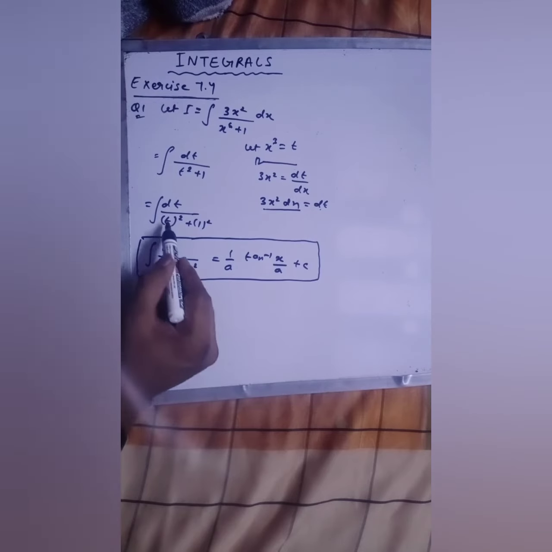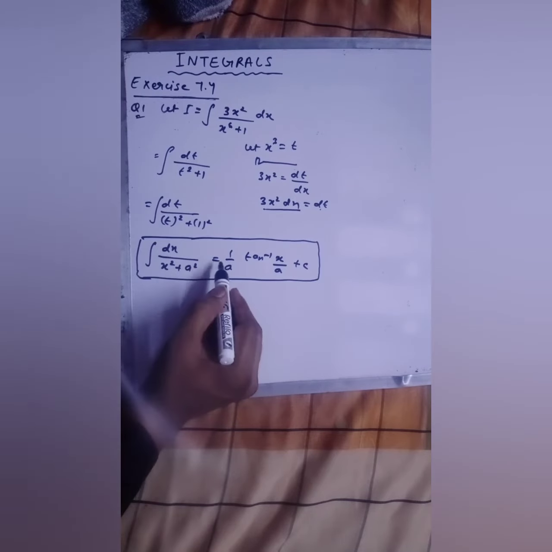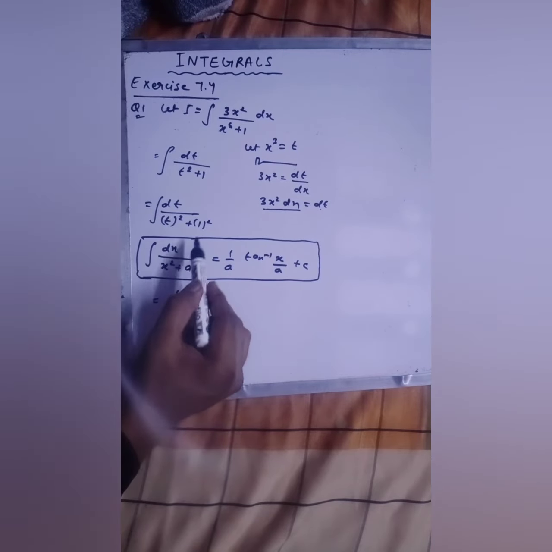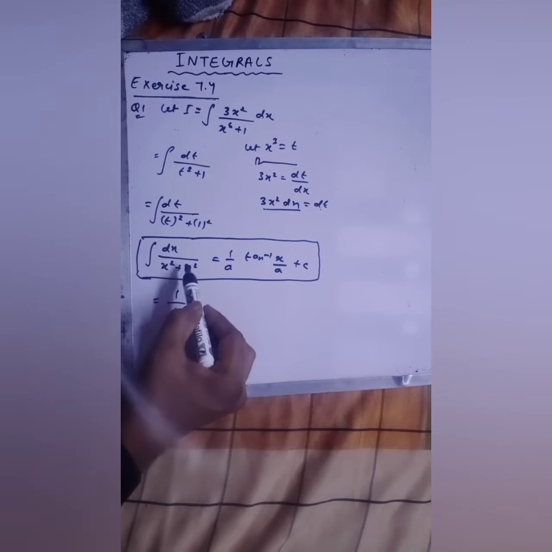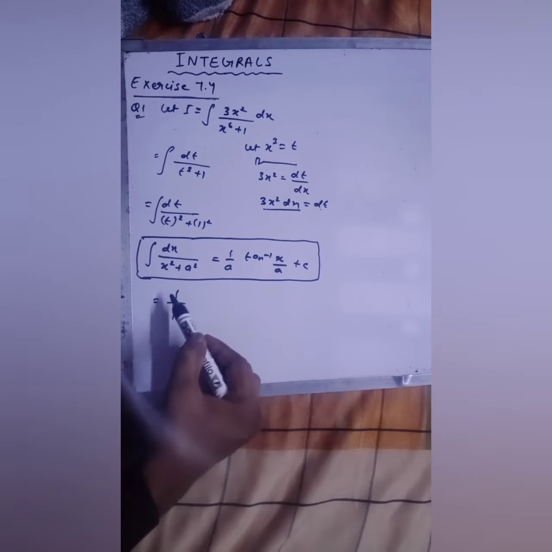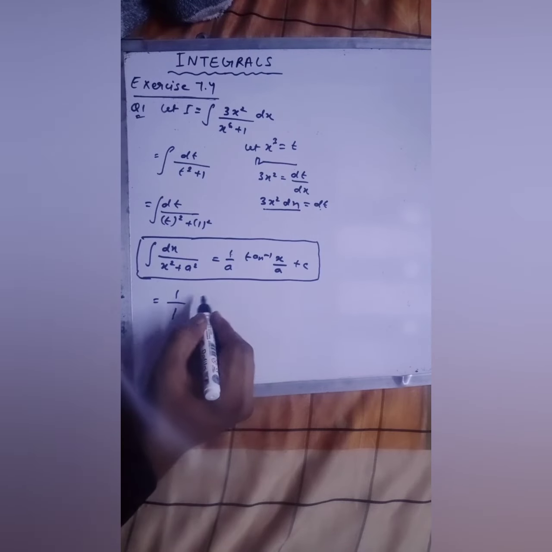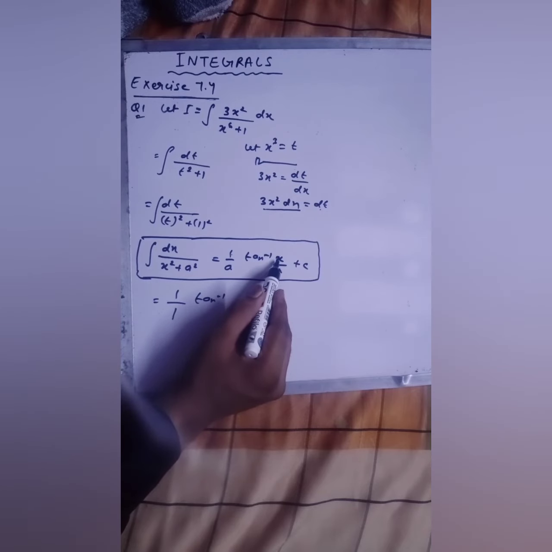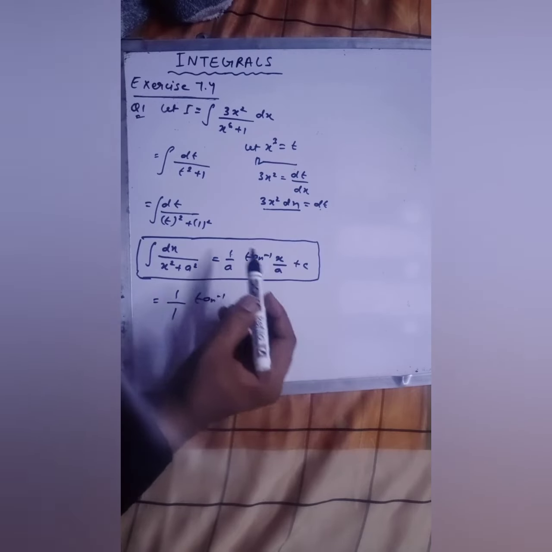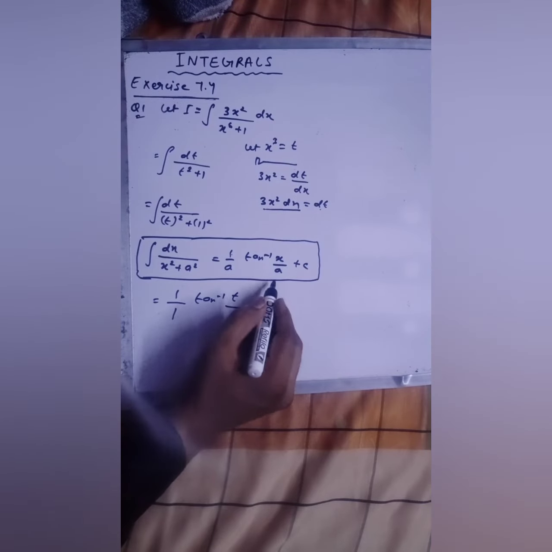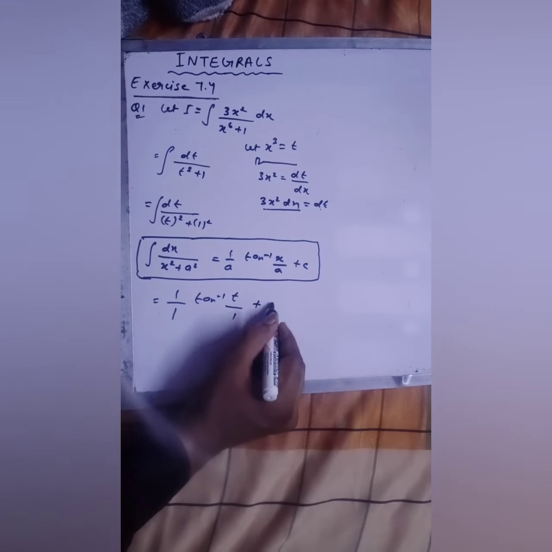Here your x is t and your a is 1. If you compare these two, x would be t and a would be 1. So the integral of this would be 1 by a, that is 1 by 1, tan inverse x, that means t here, by a is 1, plus c.